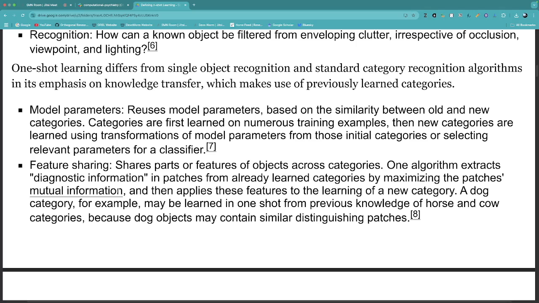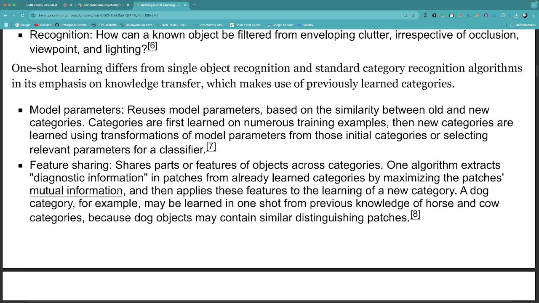So a dog category, for example, may be learned in one shot from previous knowledge of horse and cow categories, because dog objects may contain similar distinguishing patches or these geometric primitives. So you wouldn't classify a dog in the context of a marine invertebrate.